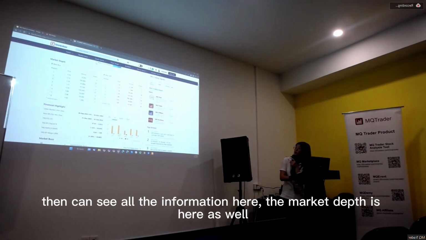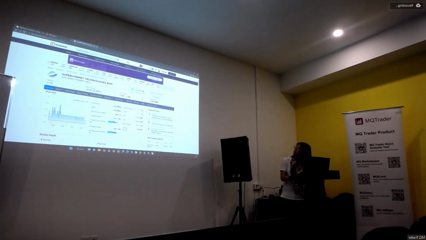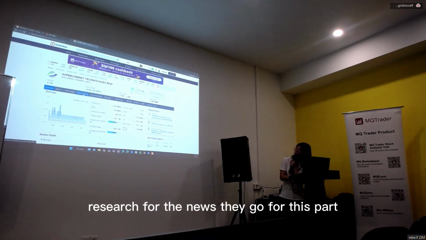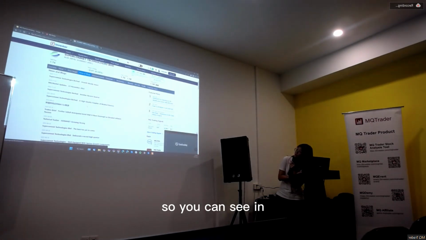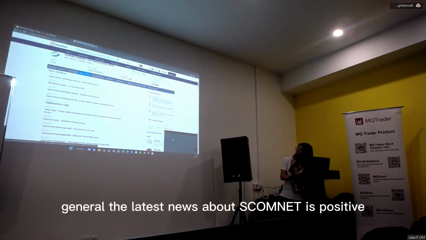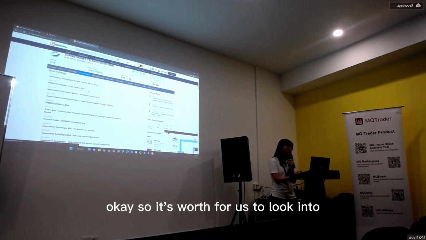Then you can see all the information here as well. Market depth here as well. To search for the news, you can go for this part. And you can see the latest news. So you can see in general, the latest news about StormNet is positive. So this is the first idea, positive. Okay, so it's worth for us to look into.